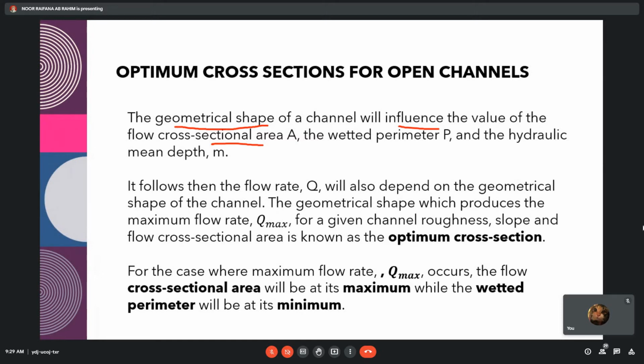Ada yang rectangular, ada yang triangle, ada yang circular, ada yang semi-circular. So it all depends untuk kita dapatkan the optimum flow cross-sectional area and also the wetted parameter and hydraulic mean depth.